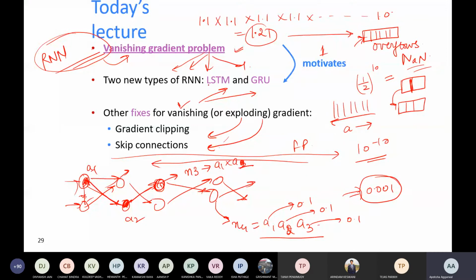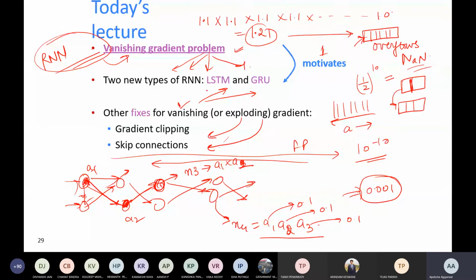So I hope this part is clear. Vanishing gradient is basically the gradient reduced to very small values so that activations become insignificant, and it is not able to learn that word, that text, or that input information, because the activation was very small.